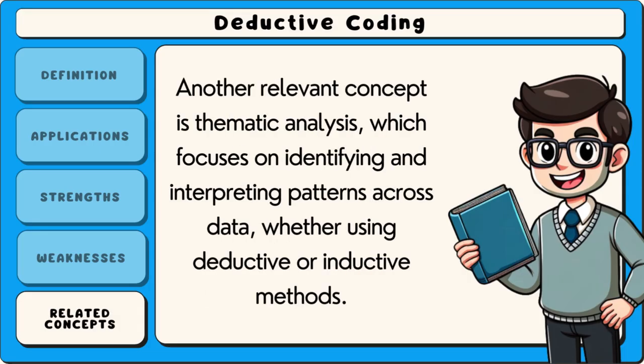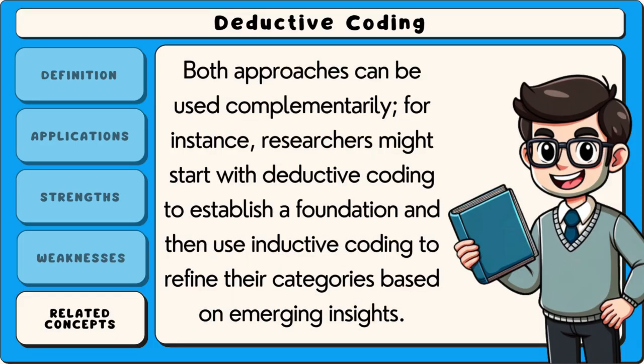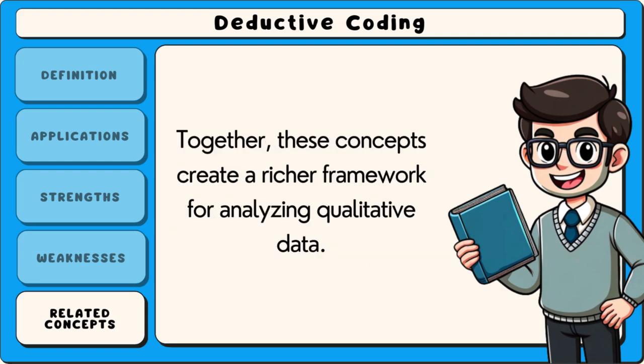Another relevant concept is thematic analysis, which focuses on identifying and interpreting patterns across data, whether using deductive or inductive methods. Both approaches can be used complementarily. For instance, researchers might start with deductive coding to establish a foundation and then use inductive coding to refine their categories based on emerging insights. Together, these concepts create a richer framework for analysing qualitative data.